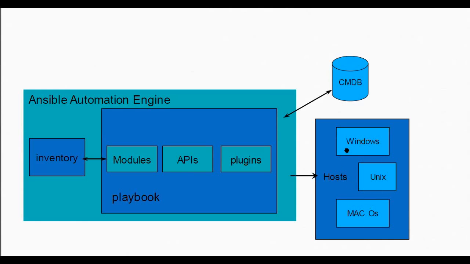So if I want to manage a particular application running on the remote host, and if that host is, let's say, on AWS, on the Amazon Web Services environment, then in order to manage that, I have to have a particular plugin and APIs for Ansible to connect and manage these devices or these tools.